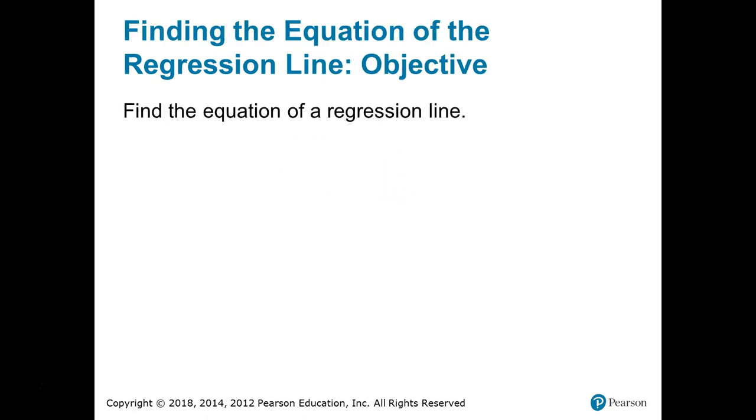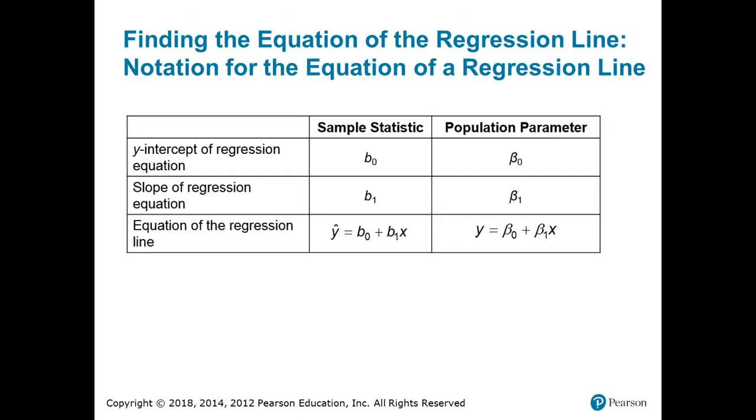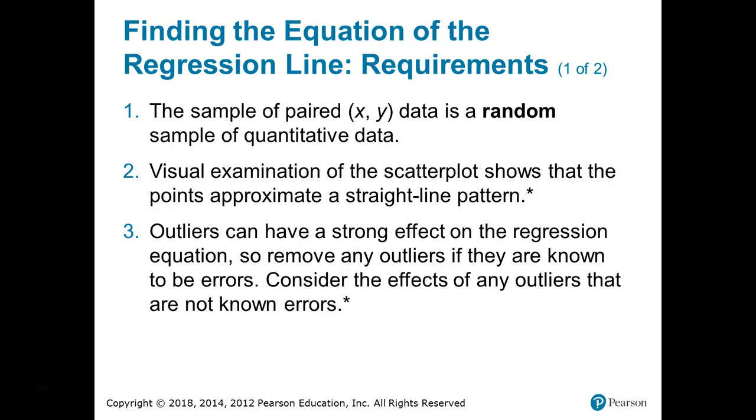So the objective here is, once we have our data points, we are going to write a y equals mx plus b equation that best fits the data. When we're dealing with sample statistics, we use lowercase b. If we are using population parameters, we use capital betas. Okay, just showing you the notation.